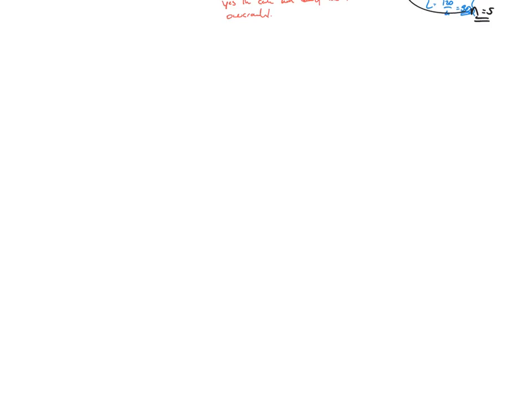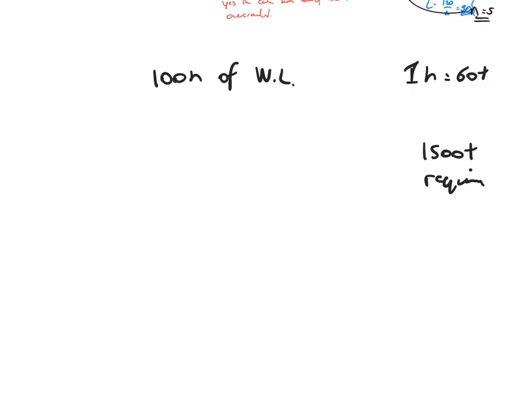Okay, let's try another. A forestry company owns 100 hectares of woodland. Each hectare contains 60 mature trees. To maintain stocks, the company needs to have 1,500 mature trees at any one time. So 1,500 trees are required, which would be a lower limit.